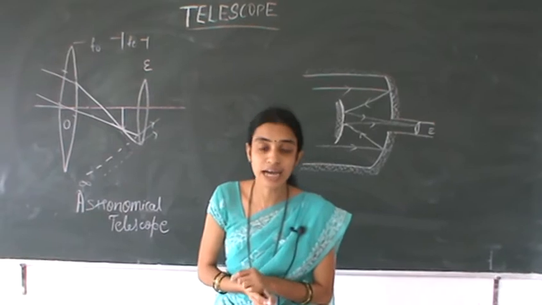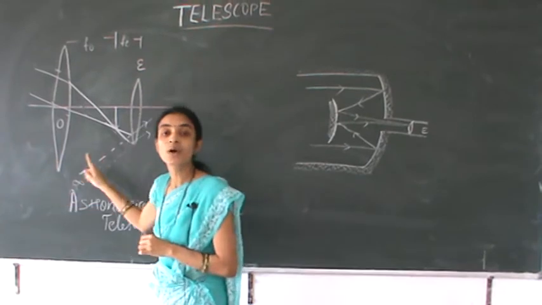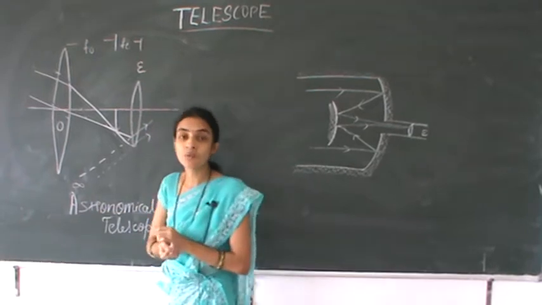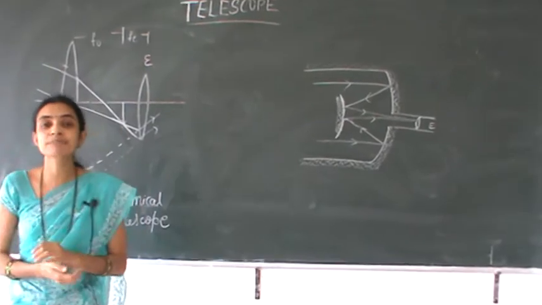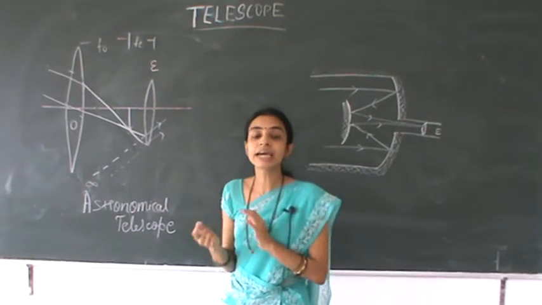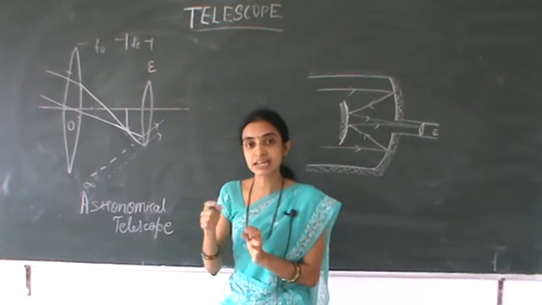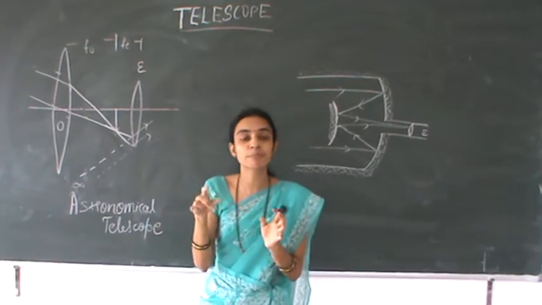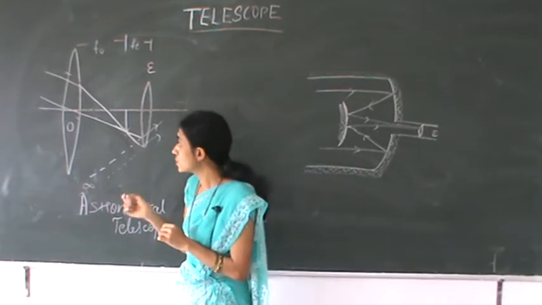Let's see the astronomical telescope. It consists of two lenses: one acts as the objective lens and one more acts as the eyepiece. The final image we obtain from the telescope will be virtual and inverted, but we are not going to consider the nature, since it is a far object and for us it will appear round in shape.